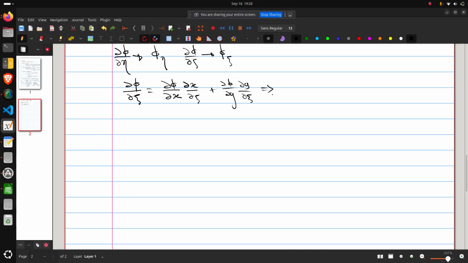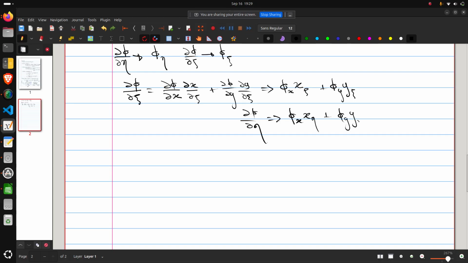This is nothing but phi sub x x sub psi plus phi sub y y sub psi. And similarly for dou phi dou eta we can write phi x x eta plus phi y y eta.